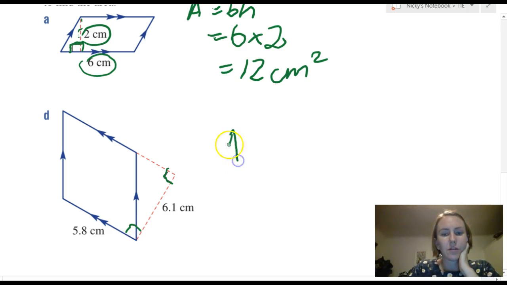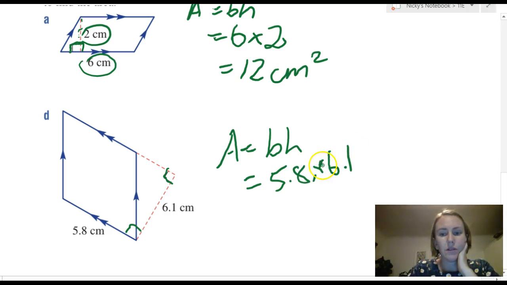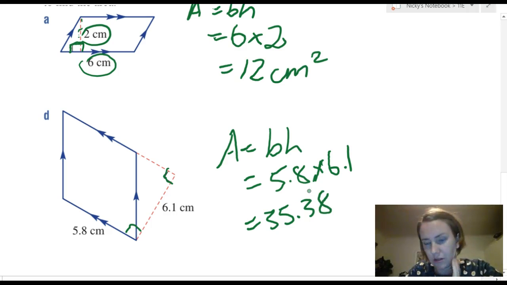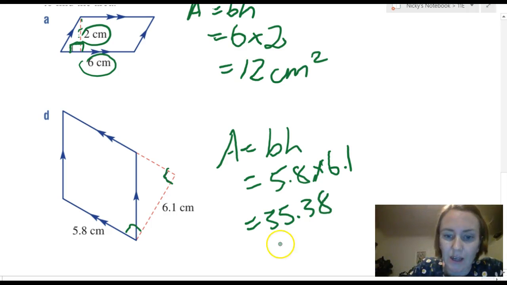So A for area equals BH, or base times height. In this case that equals 5.8 times 6.1. Because I've got a super mathematical brain, I know that that is 35.38. Just kidding, I used a calculator. And centimeters squared.